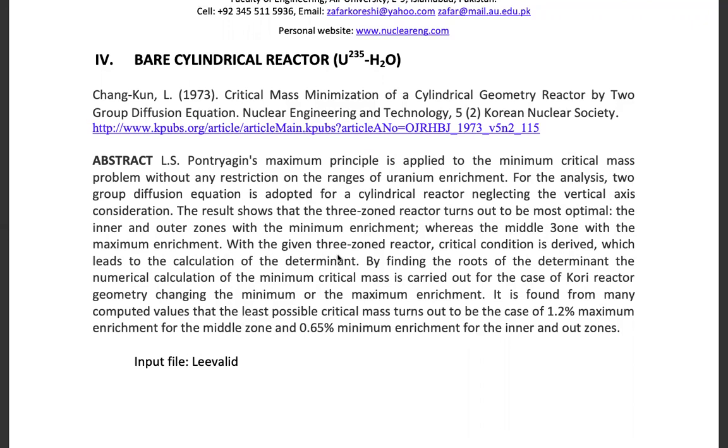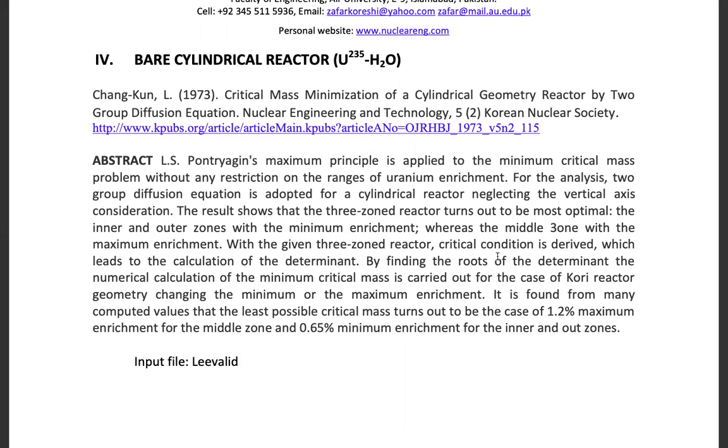Now with the given three-zoned reactor, the critical condition is derived. That is the determinant that I showed you by applying boundary conditions in two-group theory. And I told you that there's Cramer's rule. When you have a homogeneous system of linear equations, you cannot solve them by doing AX equal to B. So what you have to do is use Cramer's rule, where the determinant is zero.